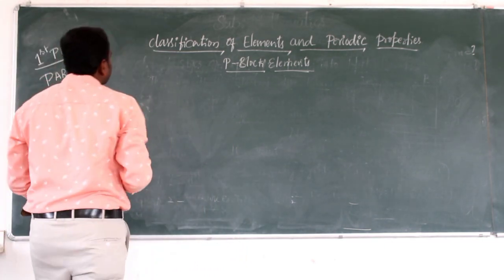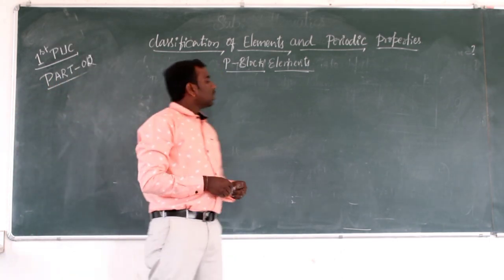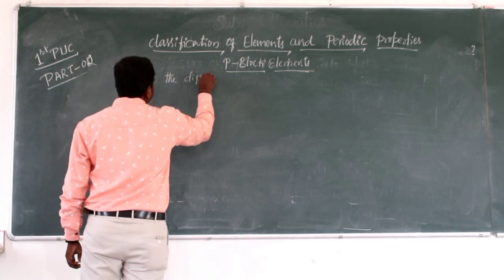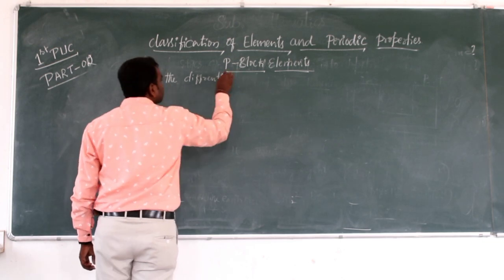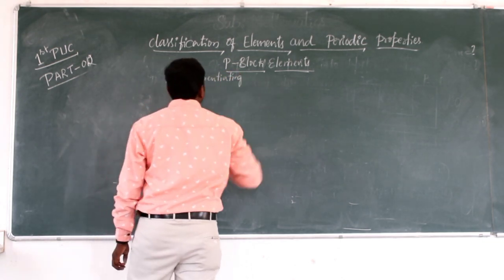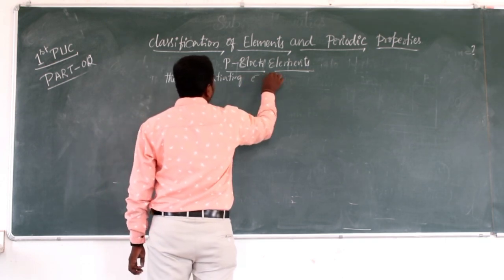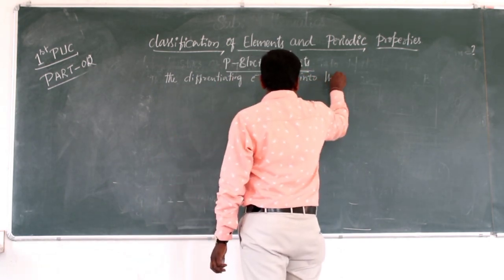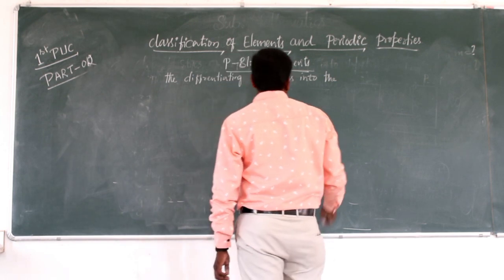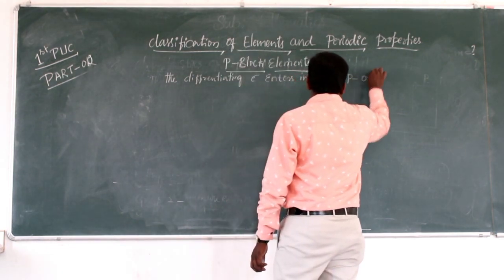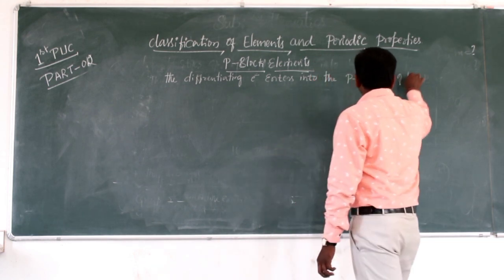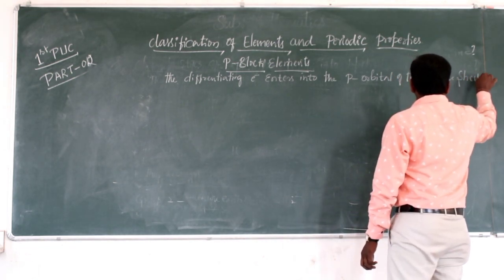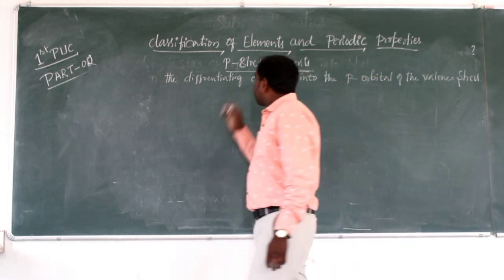See here, the P block elements means the differentiating electron enters into the p orbital of the valence shell. That is called as p block elements.